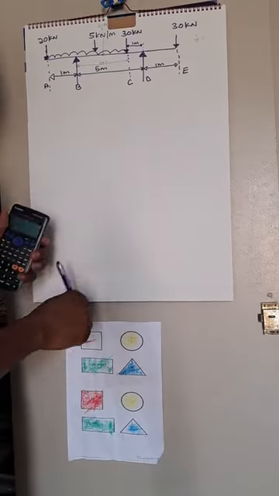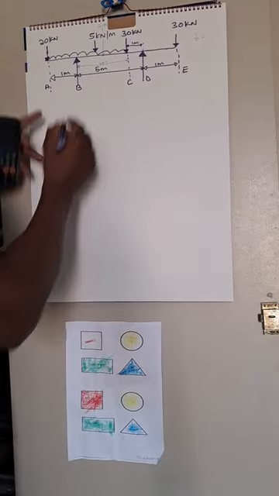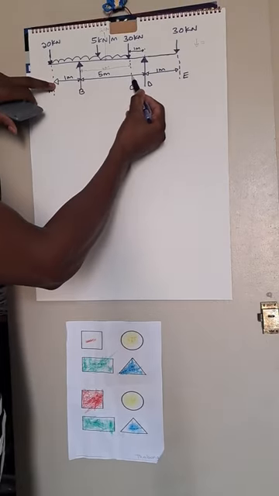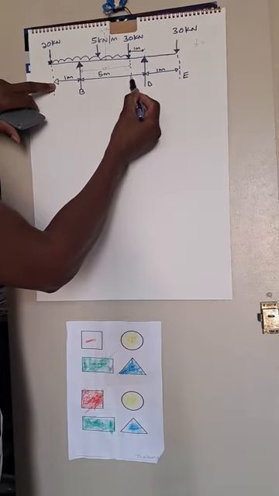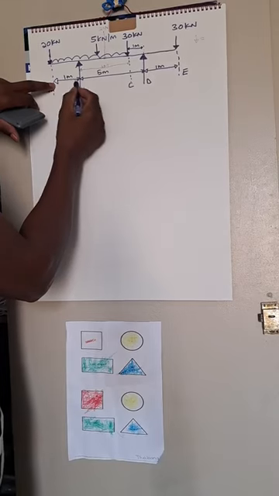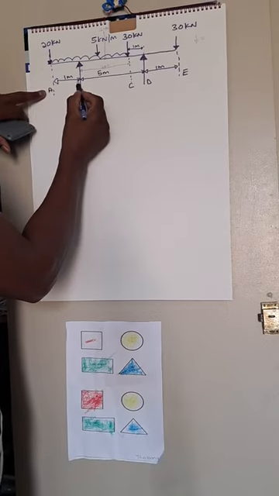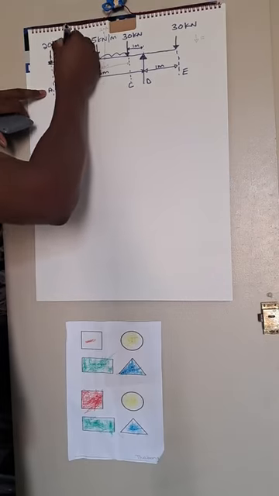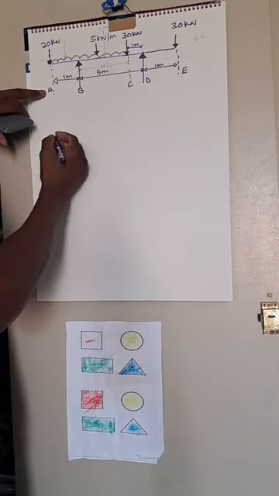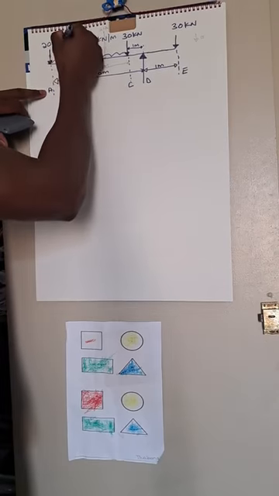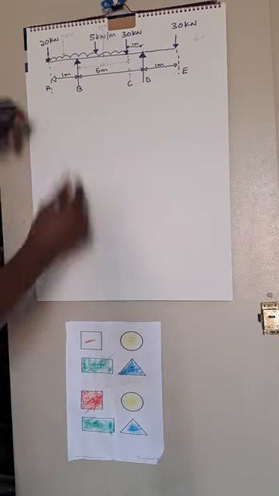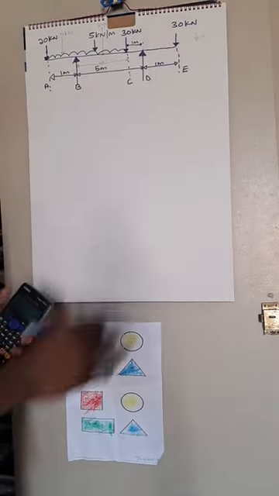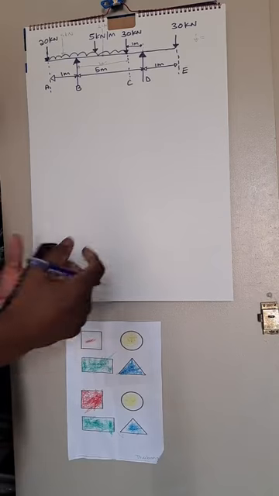Now that point load of 20 kilonewtons, we now have a remainder of 1 meter because the UDL is covering from B to C. So we need to also know the point load between A and B. So A and B, we say 5 times 1 meter. So we now have another point load here of 5 kilonewtons.